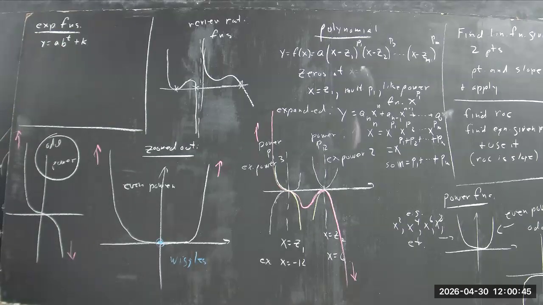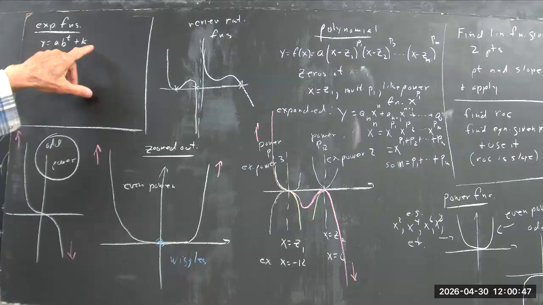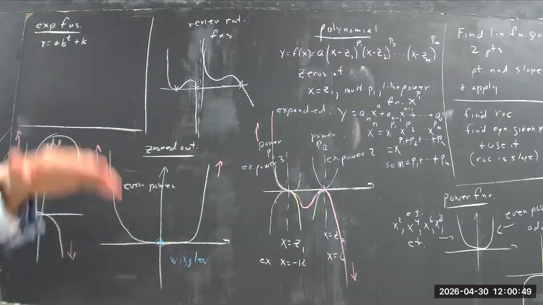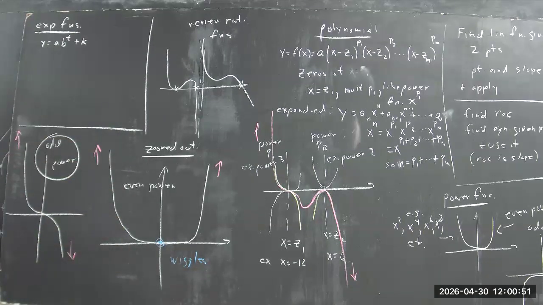And what k does is it raises the asymptote.